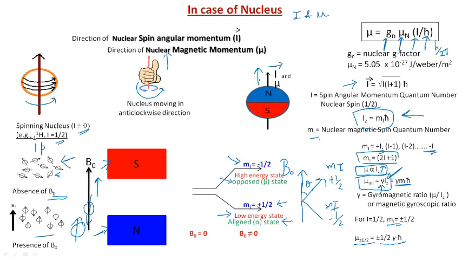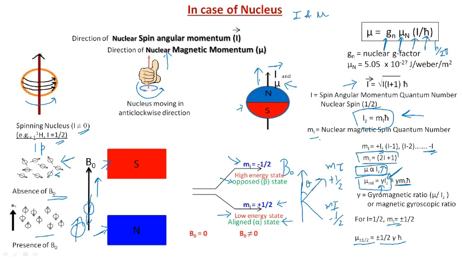Now, since a spinning charged nucleus will create a magnetic dipole which has a nuclear magnetic moment, and in the case of a nucleus, the direction of the nuclear magnetic moment is in the upward direction as given by the right hand thumb rule.